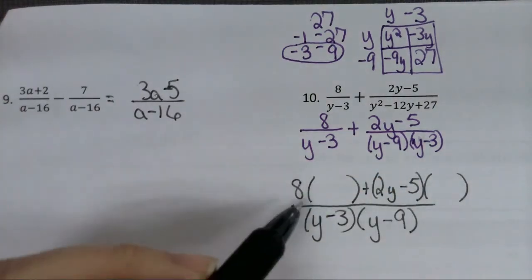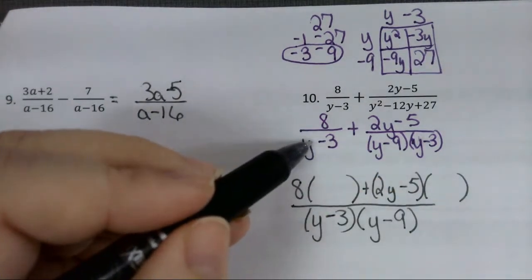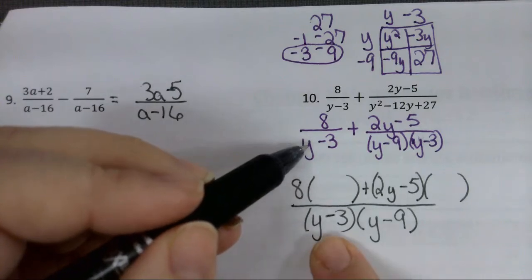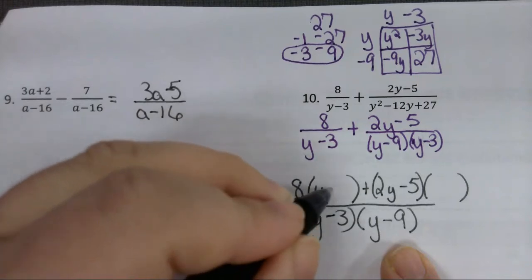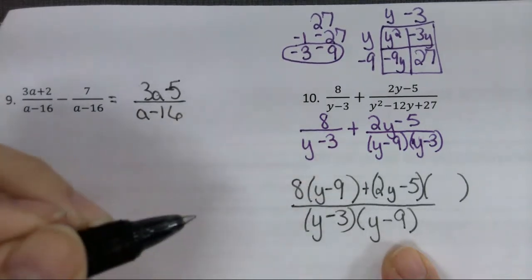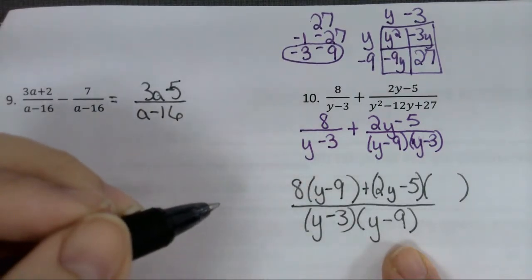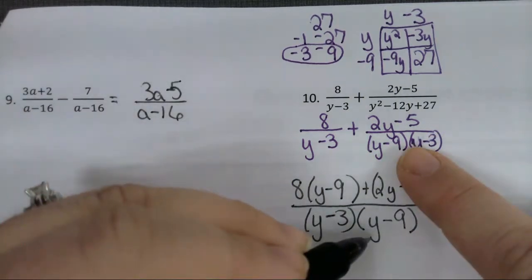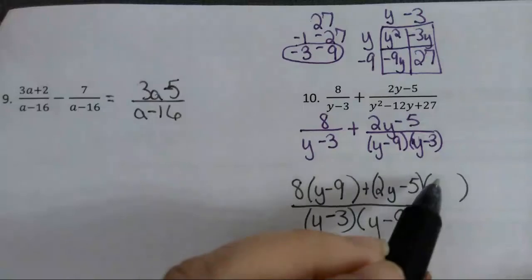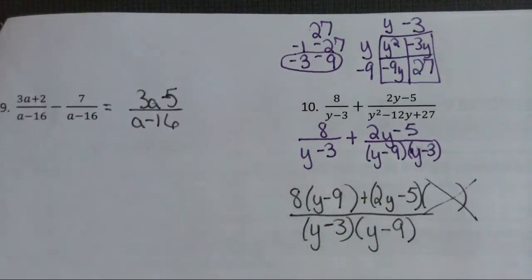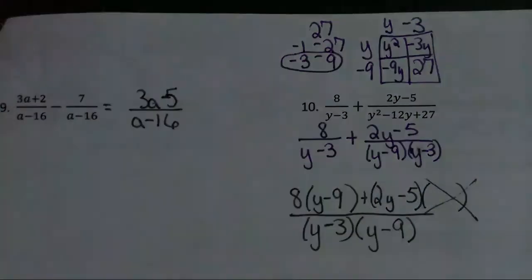So y minus 3 is already there, but I did not have a y minus 9, so we'll need to multiply my numerator in the first fraction by y minus 9. In the second one, I have a y minus 9, I have a y minus 3, so I actually don't have to multiply anything in the second one.